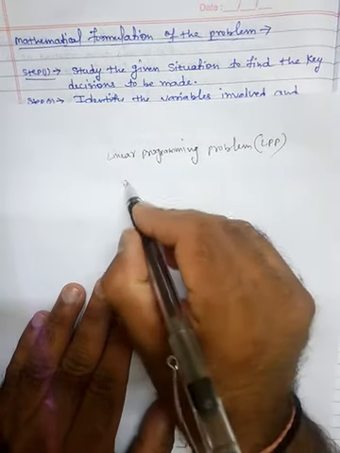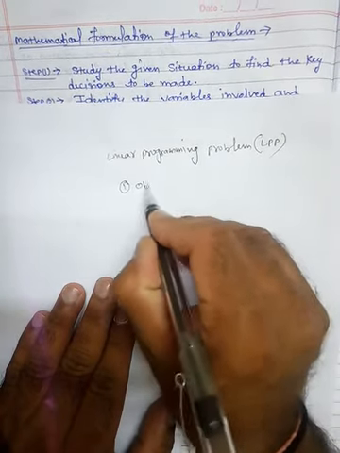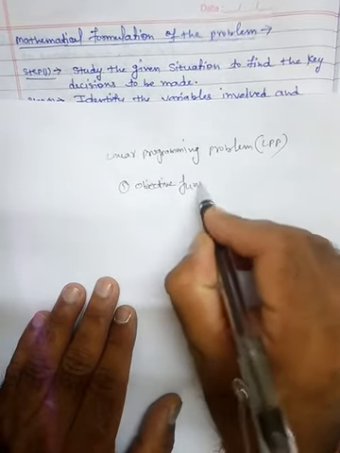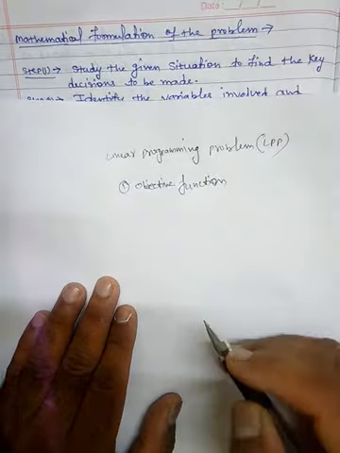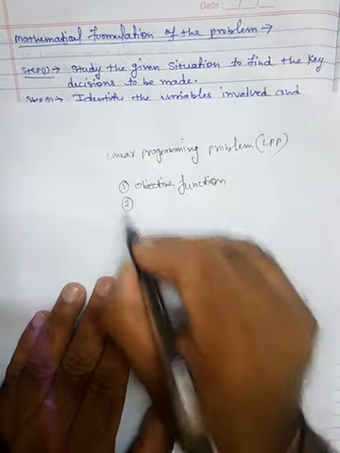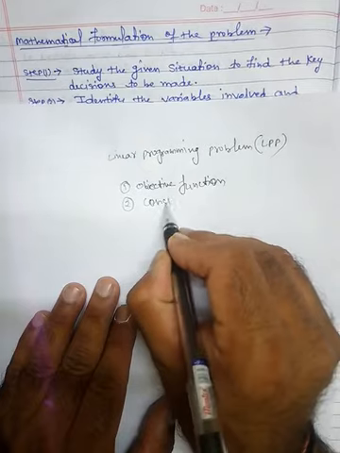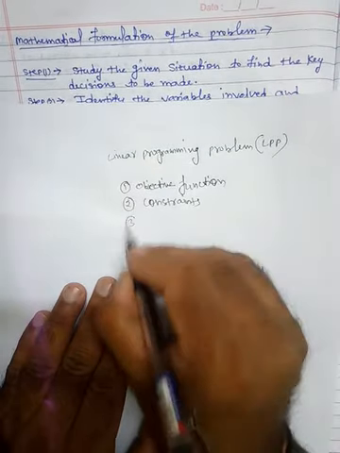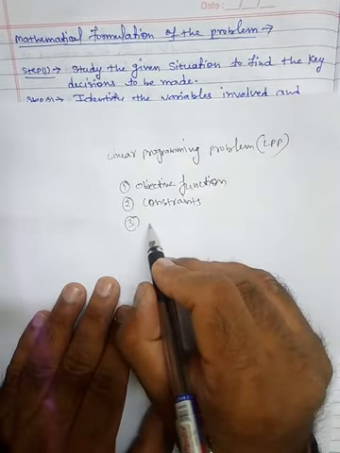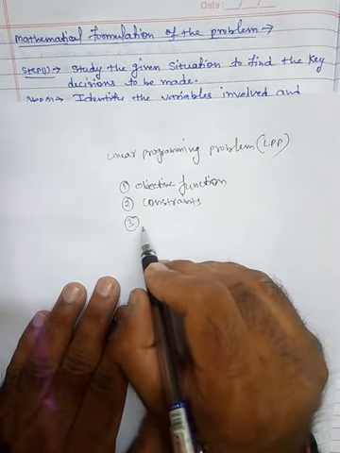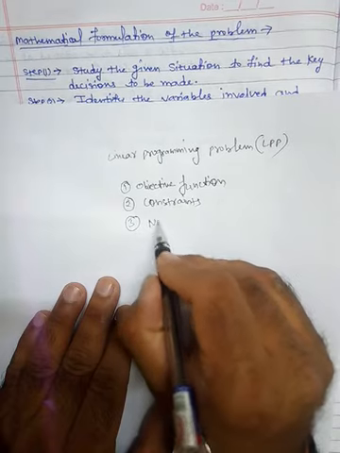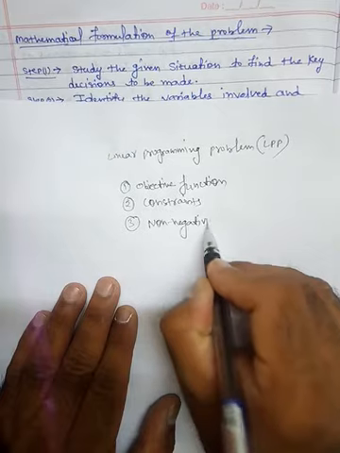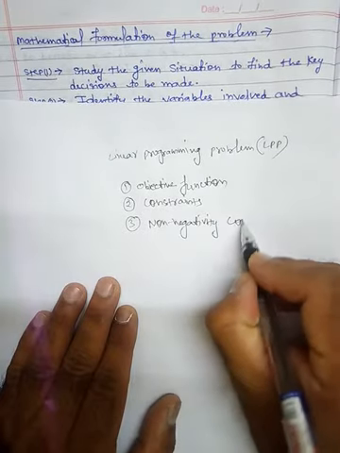One is the objective function, second is the constraints, and the third is the non-negativity conditions.